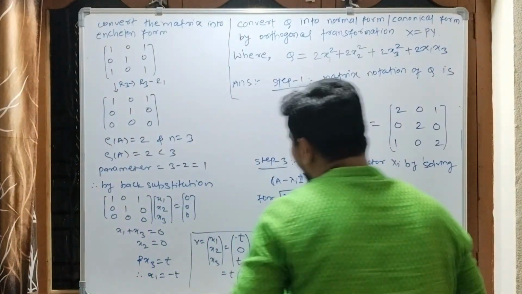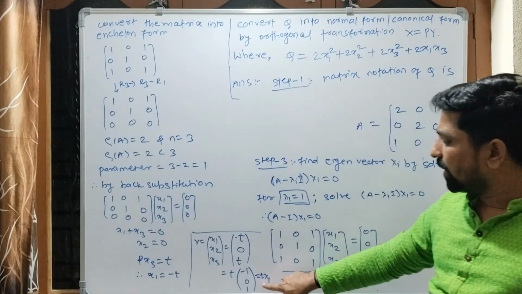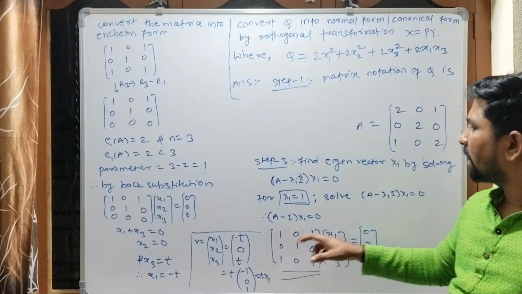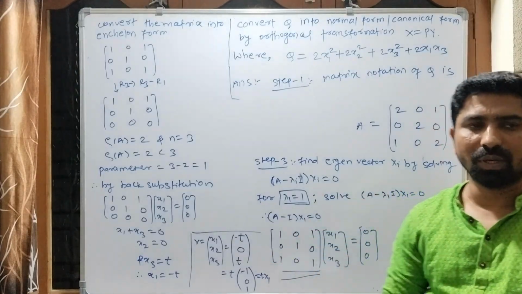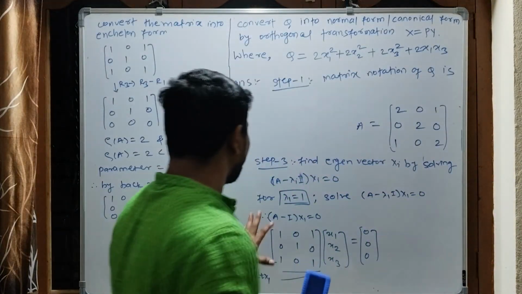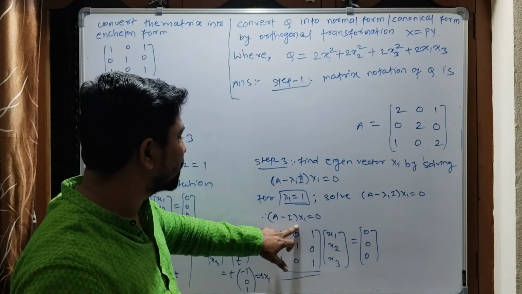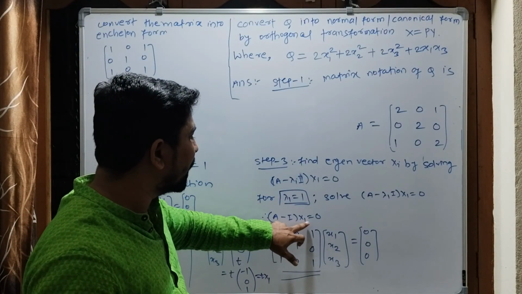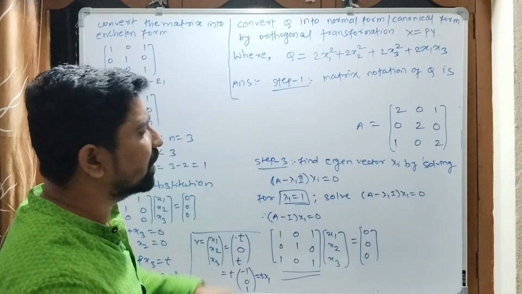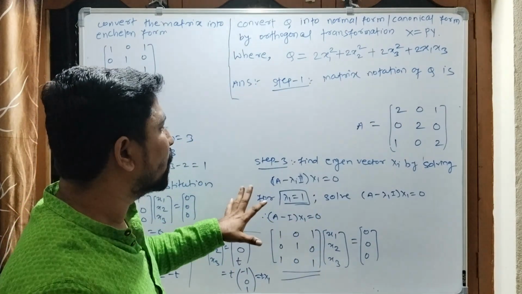Now in the same way, I want to find the eigenvectors x2 and x3 corresponding to the eigenvalues 2 and 3 respectively. How to find them is the following. For lambda 1, I solved A minus lambda 1 times I times x1 equal to 0. Now I want to solve for lambda 2 and lambda 3.